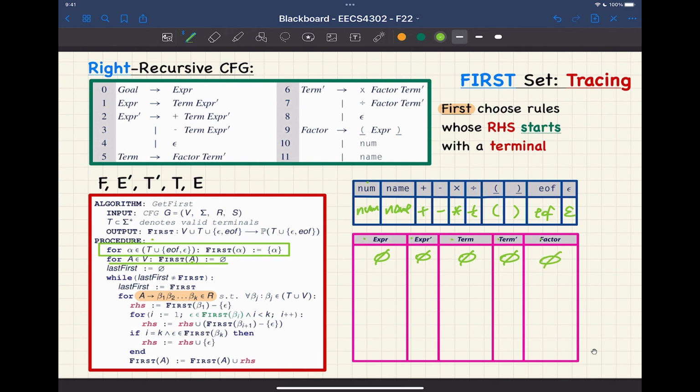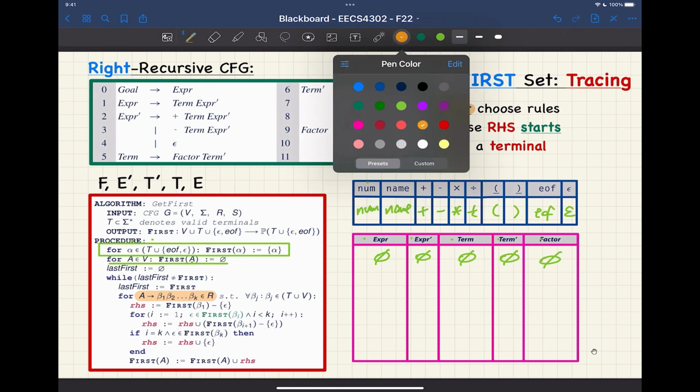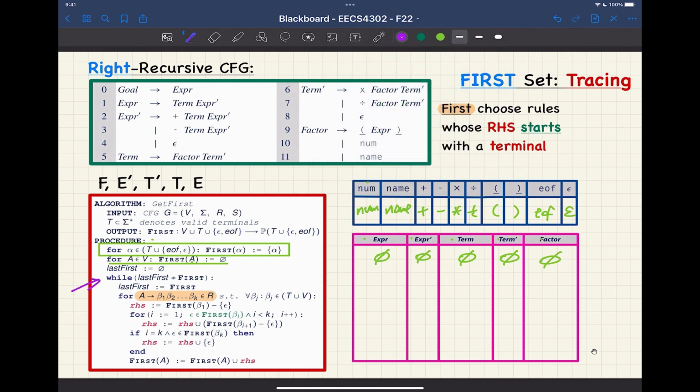Okay? And let's now dive into this loop to see what's going to happen. Okay, this loop. And let me choose F to be the first. Factor. If I look at the factor over here, that'll be the first iteration, factor.